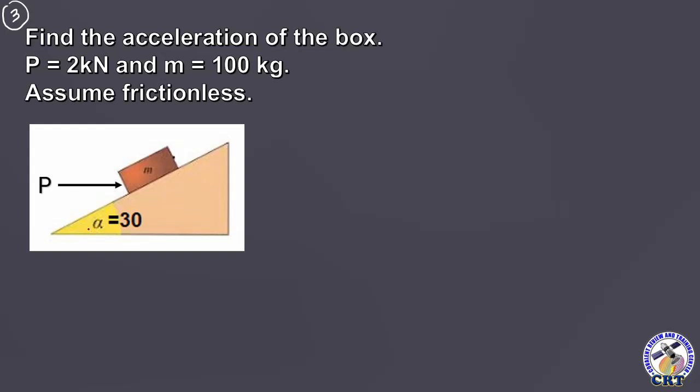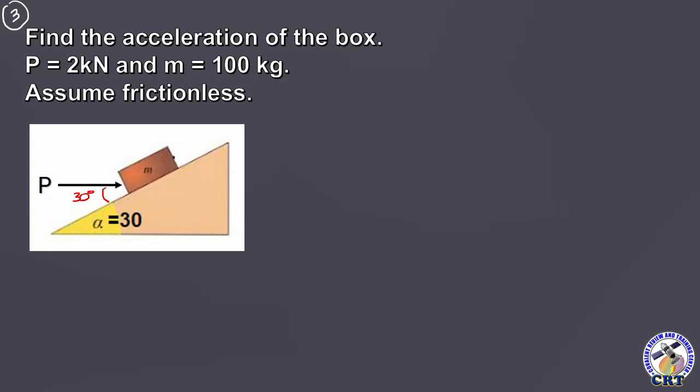So if alpha is 30 degrees with the direction of P, it simply shows that P with respect to the incline is also 30 degrees. So again, P is 2 kilonewtons and M equals 100 kilograms.